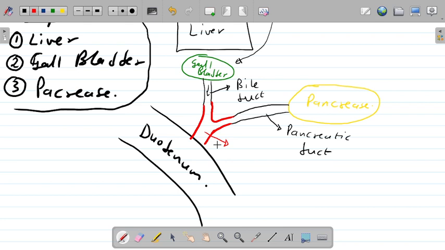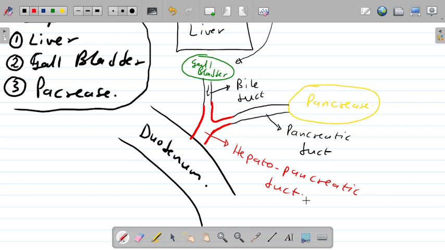The bile duct and the pancreatic duct form what we call the hepatopancreatic duct. It is made up of the pancreatic duct and the bile duct. They combine and form one tube that goes into the duodenum.